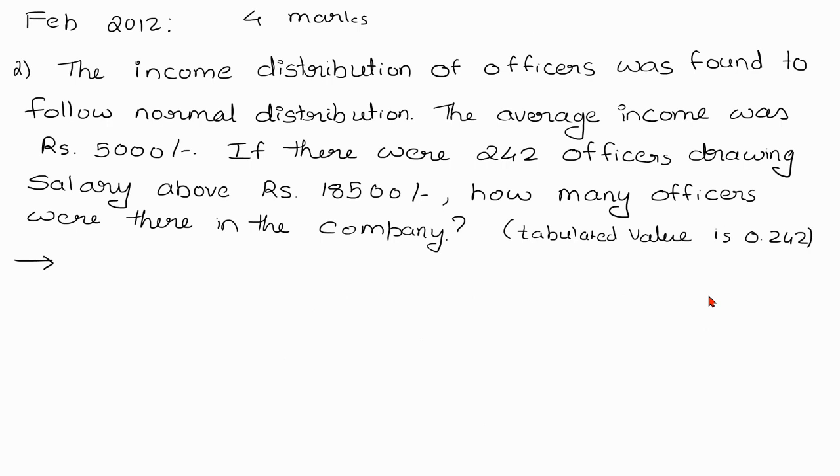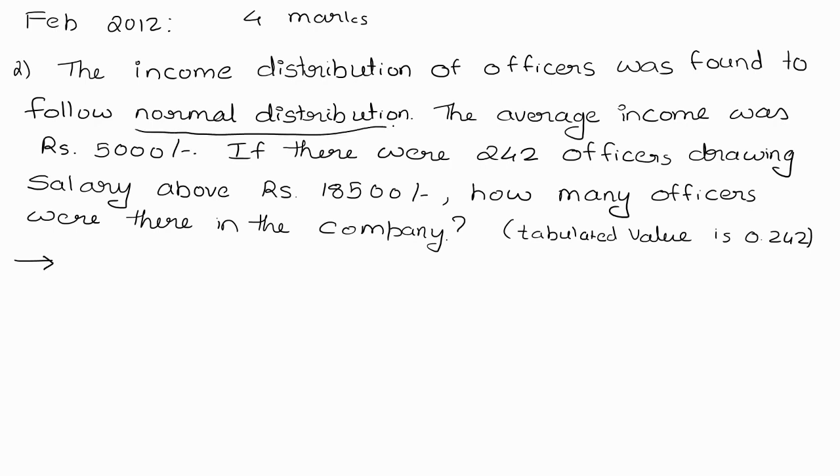Okay, let's move to the next one. Now what does this problem say? This also appeared in February 2012 for 4 marks. The income distribution of officers was found to follow a normal distribution.